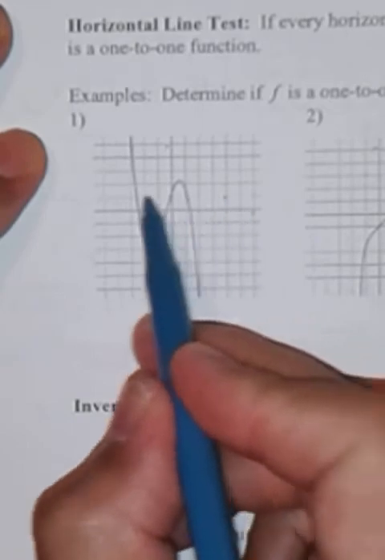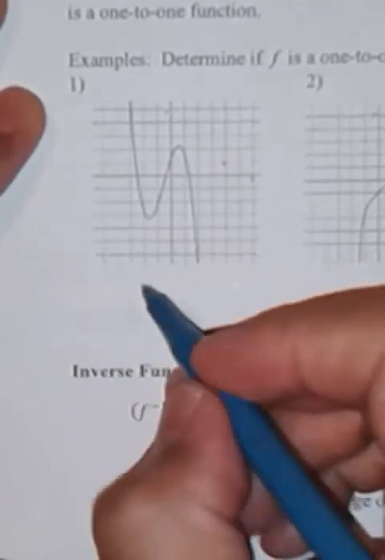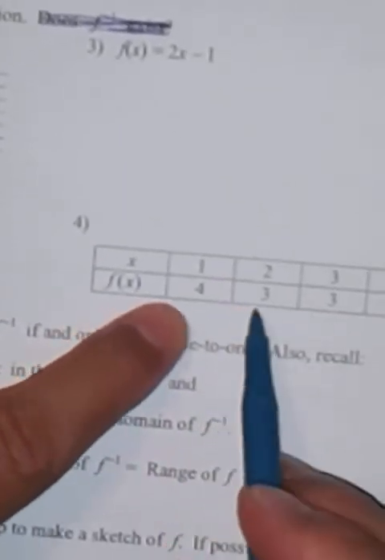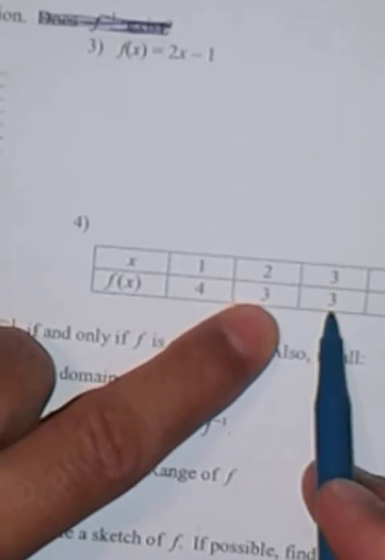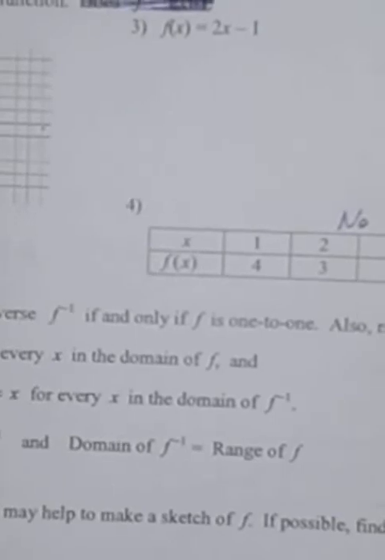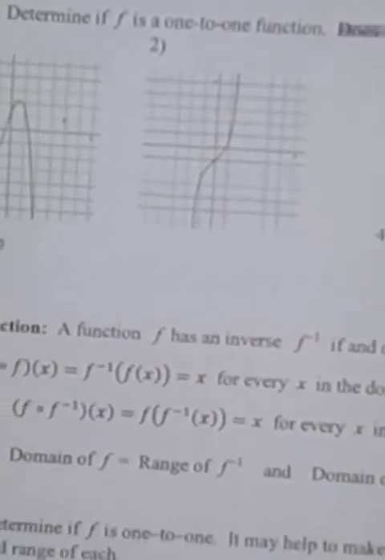So I can see that some horizontal lines cross more than one place. So this is no. Okay. And over here for number 4, each different x has to give me a different y, and x equals 2 and x equals 3 give me the same y. Is that okay? So the answer is no. They have to give me a different y value. Different x's must have different y's. All right. And we will leave 2 and 3 for class.